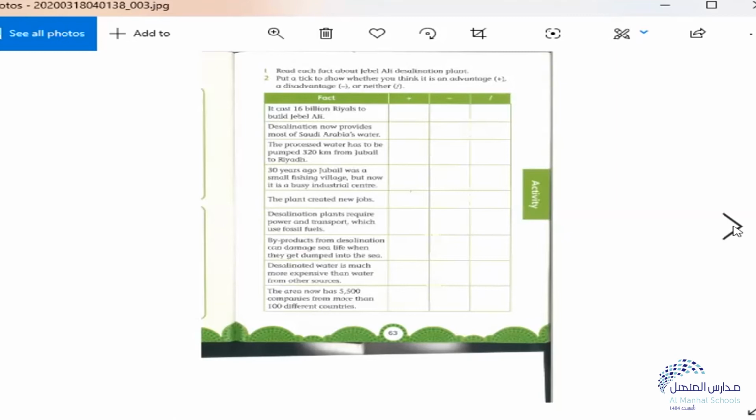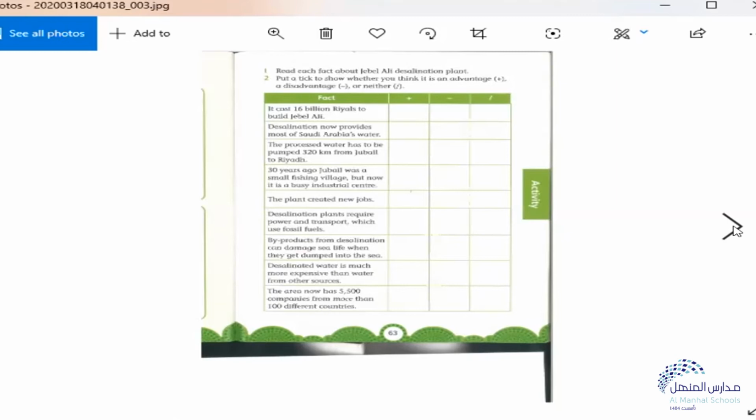Number three, the processed water has to be pumped 300 kilometers from Jubail to Riyadh. You can say it's a plus and a minus. 320 kilometers is very far to pump water from Jubail to Riyadh.